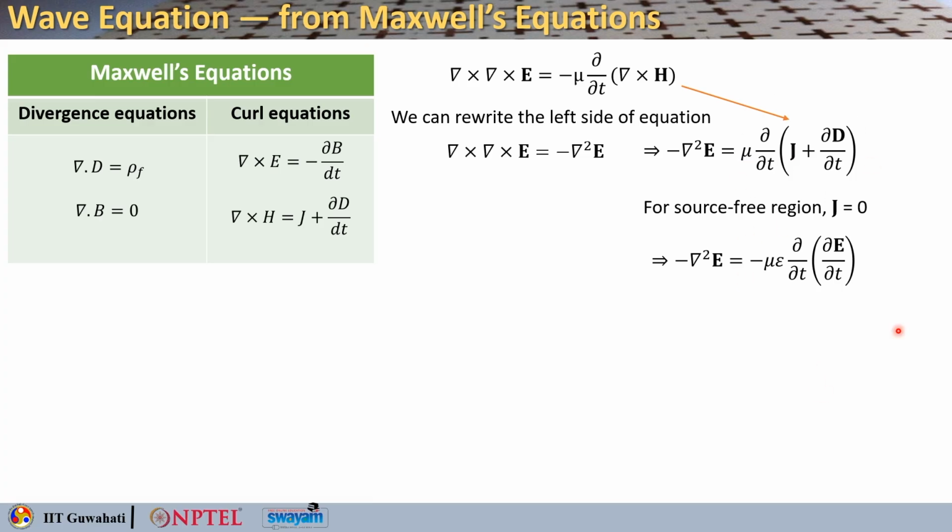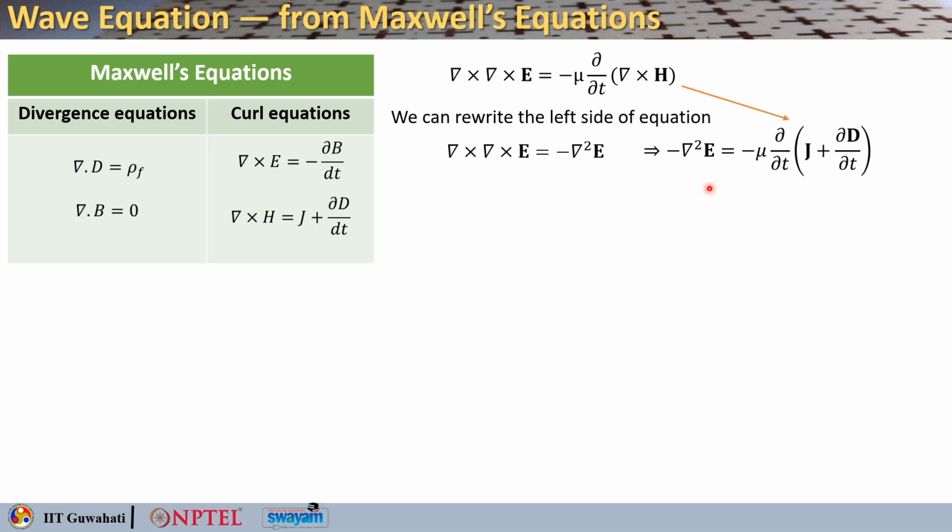Okay. So, where is the minus coming from? From the curl equation, you can write it as minus del square E equals minus mu dou by dou t of J plus dou D by dou t. Now, because it is a source free region, this J term becomes 0.